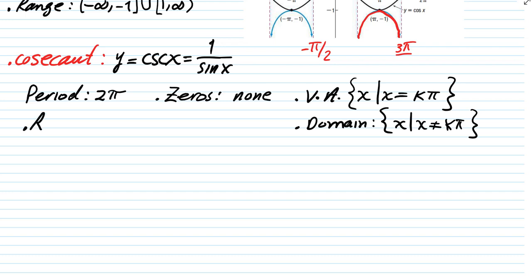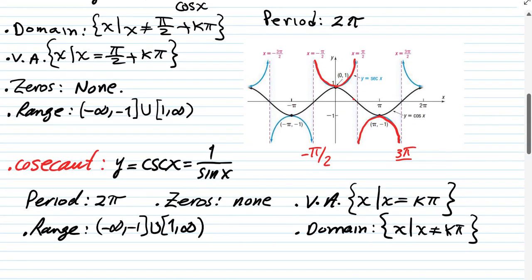The range of this one is just like the range of secant, from negative infinity to negative 1 union 1 to infinity. All right. Oh, and I didn't show you here. This is where the range is for secant. You see that? It goes from 1 to infinity. And then it goes from negative infinity to negative 1.